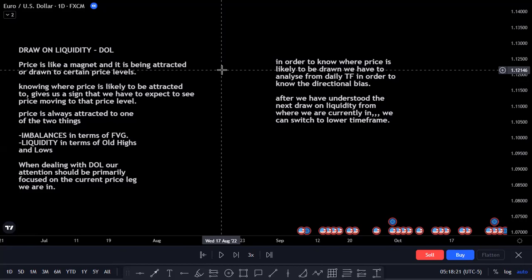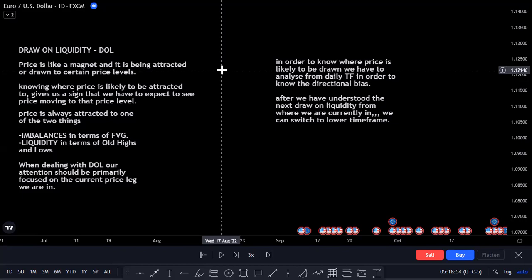When dealing with draw on liquidity, our attention should always be primarily focused on the current price leg that we are in. In order to know where price is likely to be drawn to, we have to analyze from the daily time frame to know the directional bias. Then, when we understand where we expect the market to move, we can switch to lower time frames and find different opportunities and other areas where price will be drawn to.